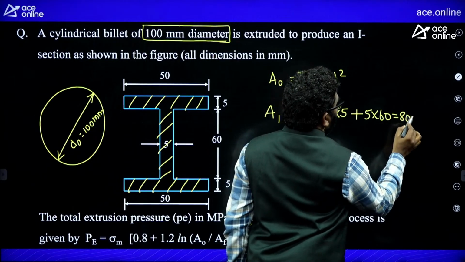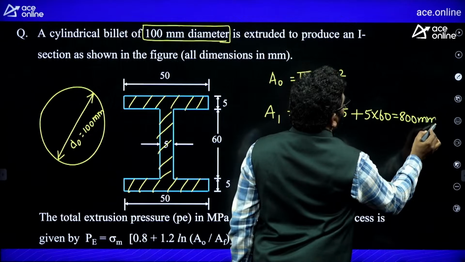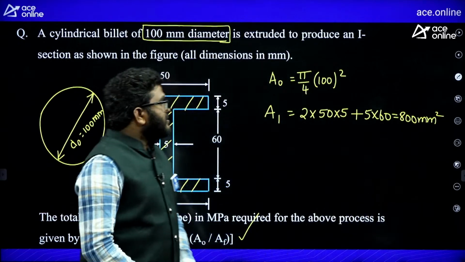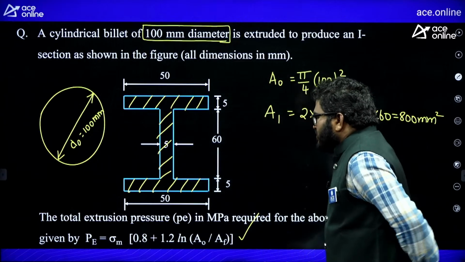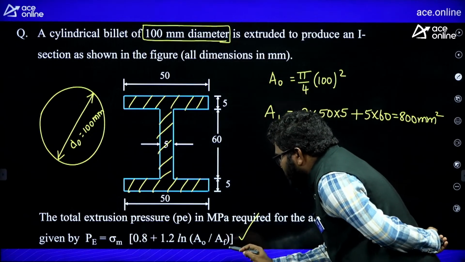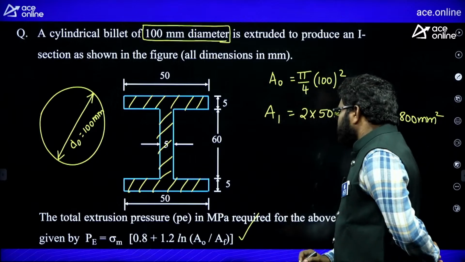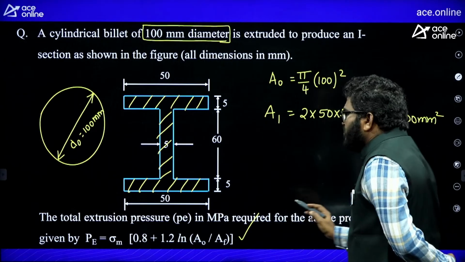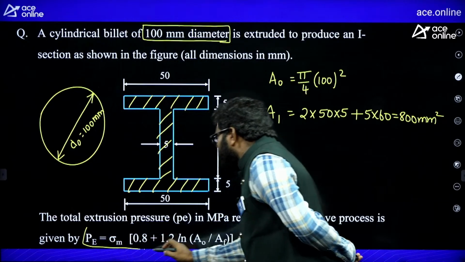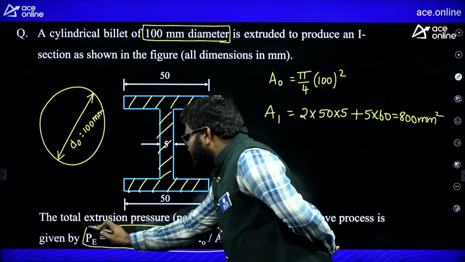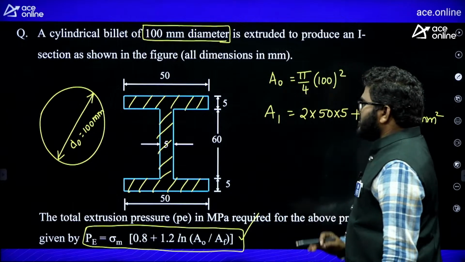So 800 mm square is the final area. This is the initial area, this is the final area. And the total extrusion pressure in megapascal required for the above process is given. Formula is given in the question. Remember.